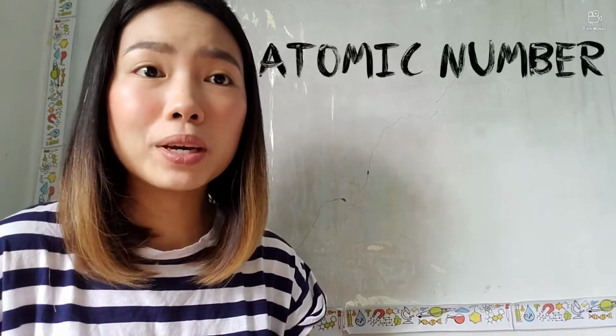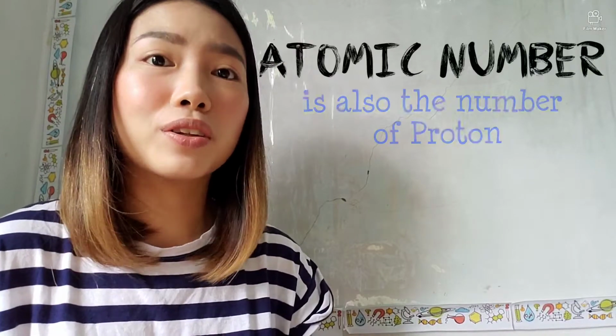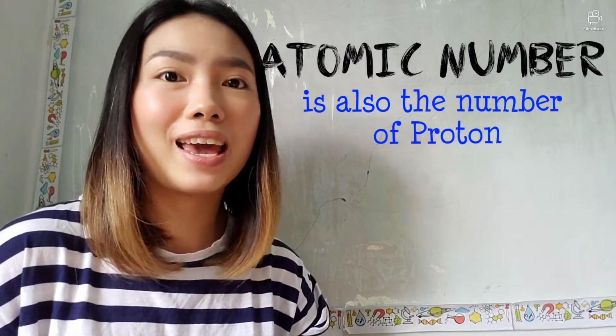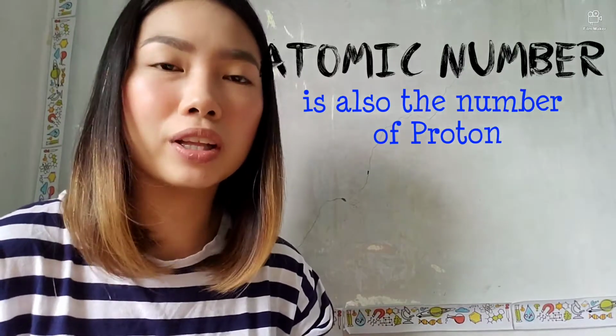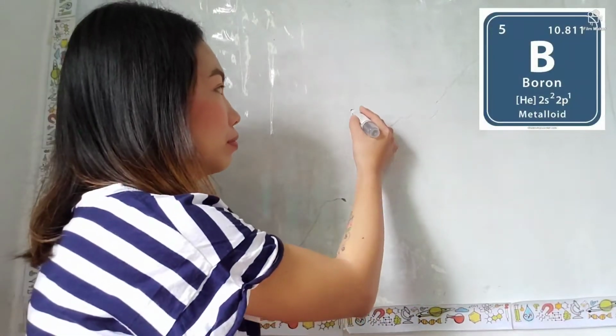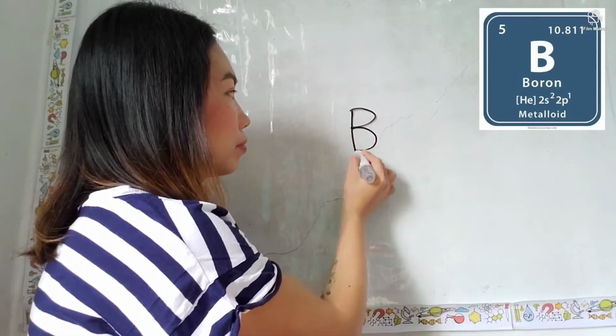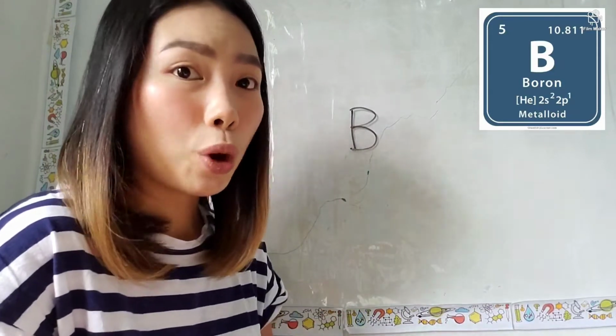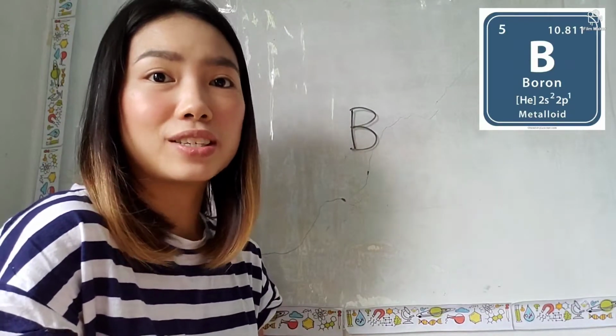So you always take note that atomic number is also the value of the number of protons of a specific element. Example, we have an element boron. So the symbol of boron is letter B and the atomic number of boron is number 5.